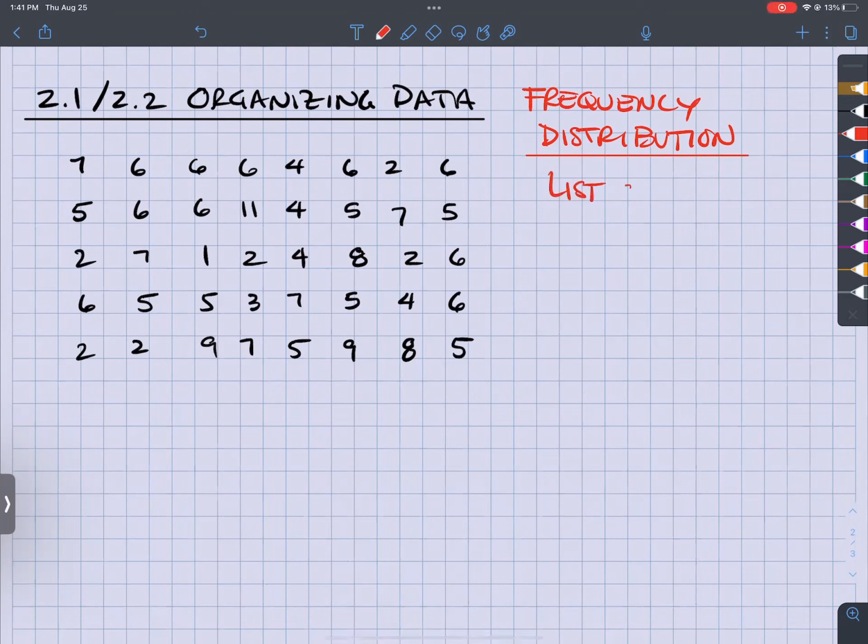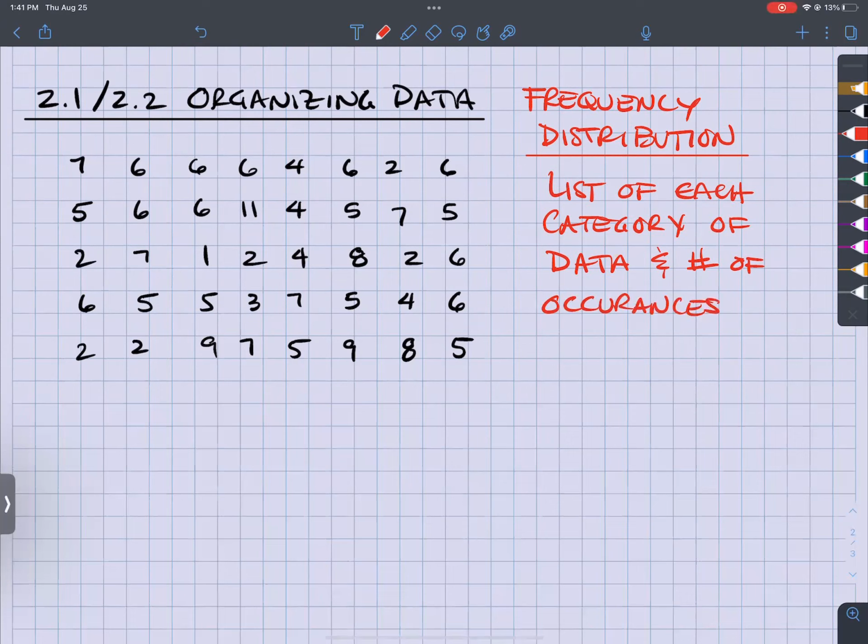It's a list of each category of data and the number of occurrences of each category.